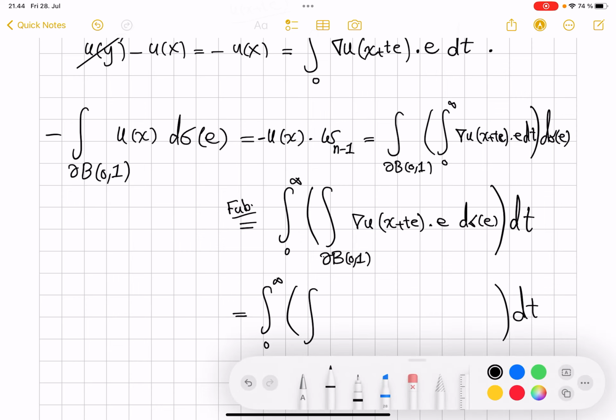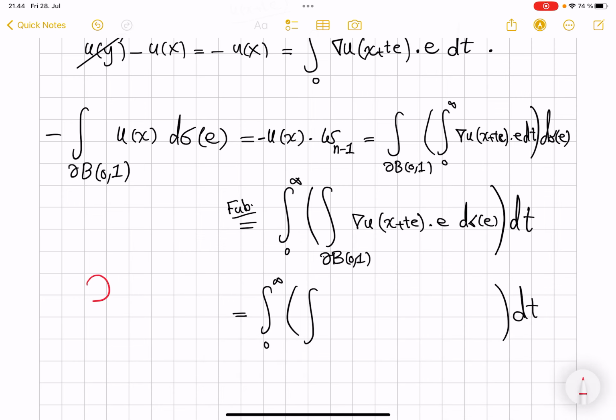So I'm doing an integral over this. Suppose this is the unit ball. I choose my E's from there, but just the te part is some vector here. So this will be E, and this will be te. And as E changes on this unit boundary, this quantity changes along here.